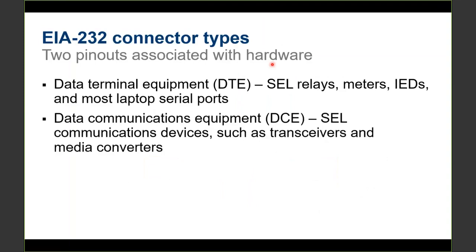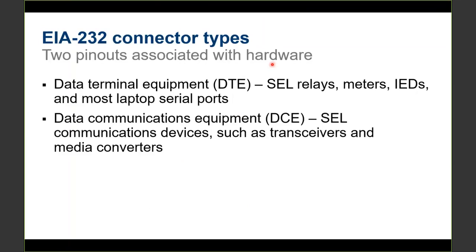Okay, so this is a very fundamental concept to understand with 232 devices. We have what we call DTE devices and DCE devices. DTE devices are data terminal equipment. So that'll be things like the ultra rare built-in serial port that you may have on your computer.